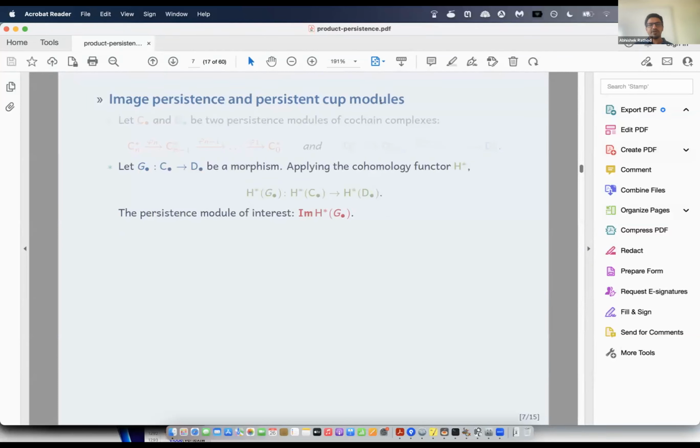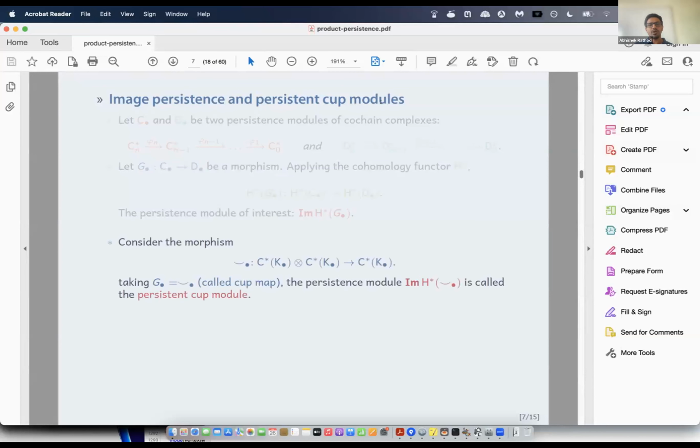Suppose that we have a morphism G bullet between these two persistence modules of cochain complexes. Then if you apply the cohomology functor H star, you get another morphism H star G bullet. And when we talk about image persistence, the persistence module of interest is the image of this morphism.